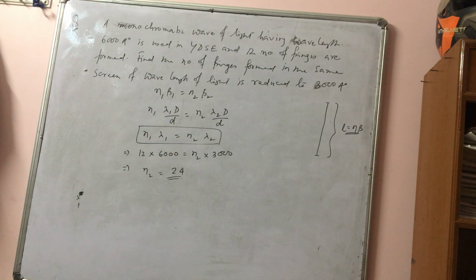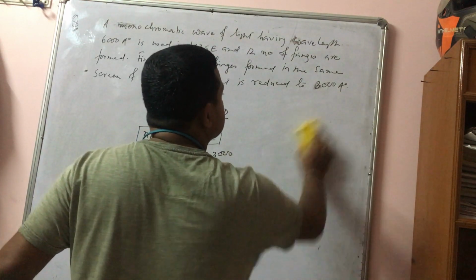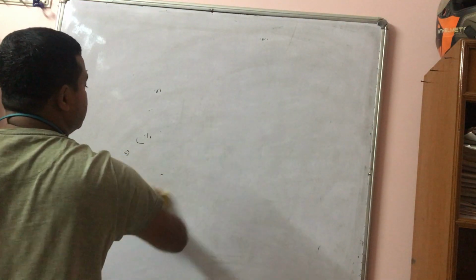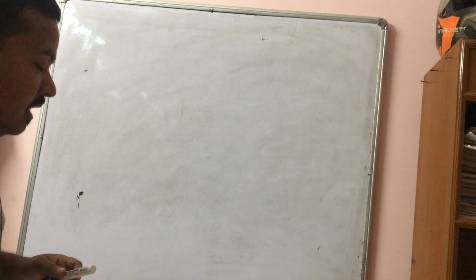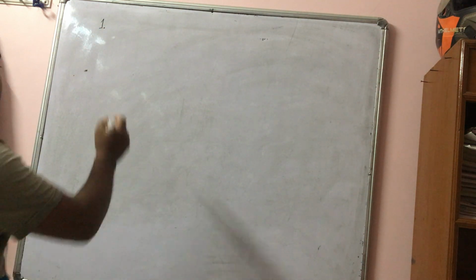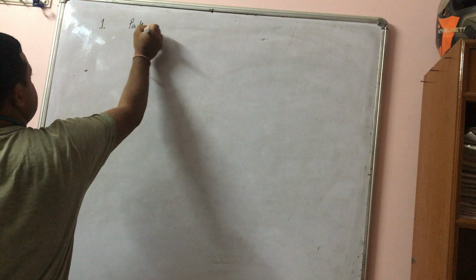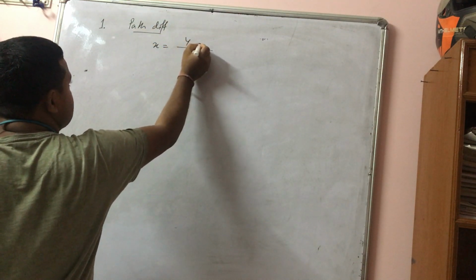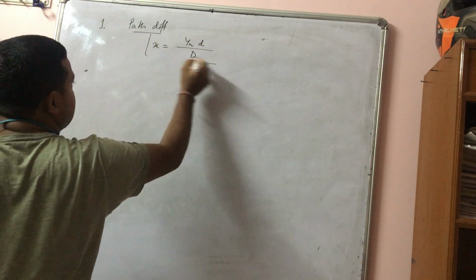Okay, this is all about the position of nth bright and dark fringes from the center of the screen, and of course I discussed the fringe width. So let me summarize today's class. At the beginning I derived the expression for the path difference between the two waves, and that path difference we got is y n d by D. This is an important formula you have to remember.